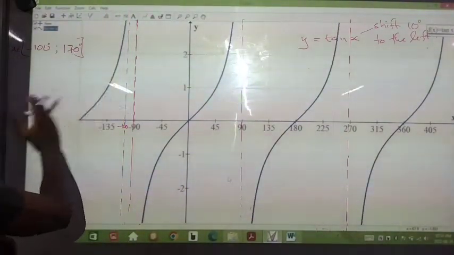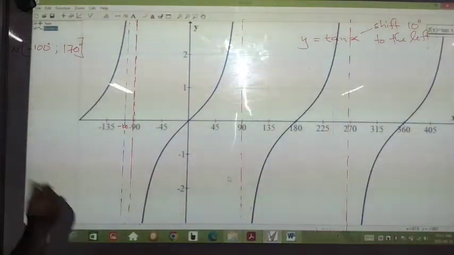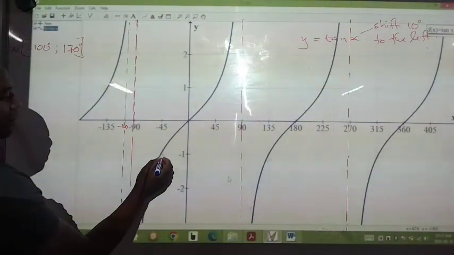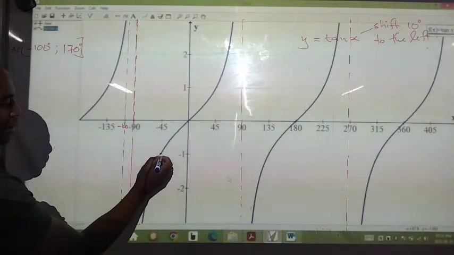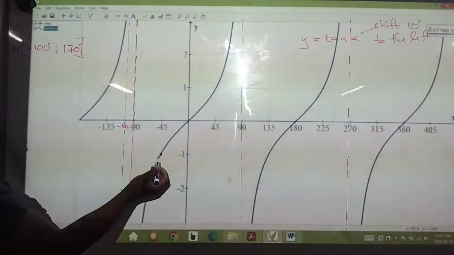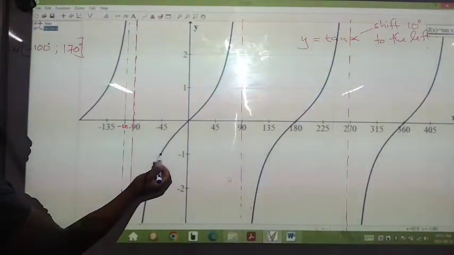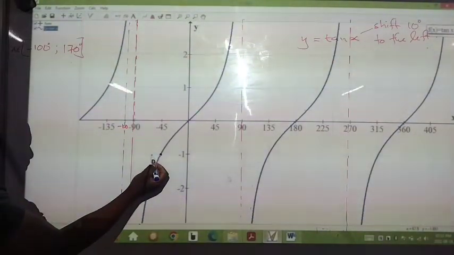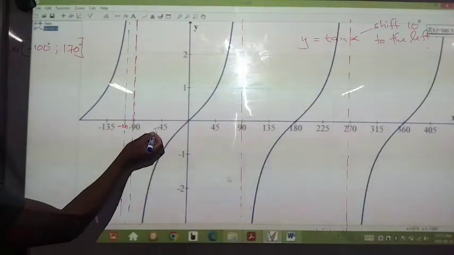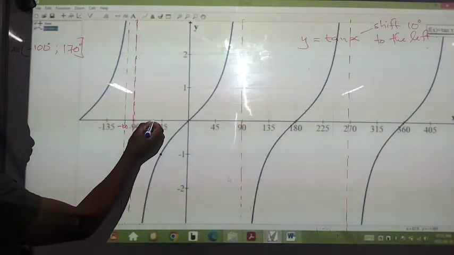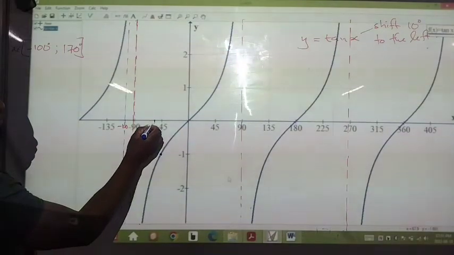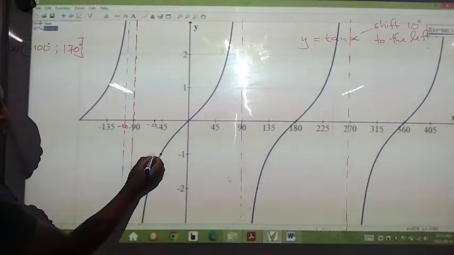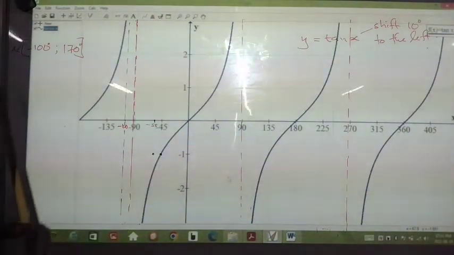All right, we may not consider what is on this side. Then we have this strategic point, which is negative 45 degrees, negative 1. We are going to move this point 10 degrees to the left. That means minus 10 degrees, we will get negative 55. So our new point will be there.